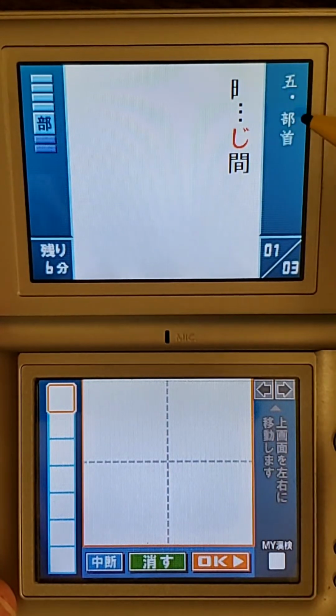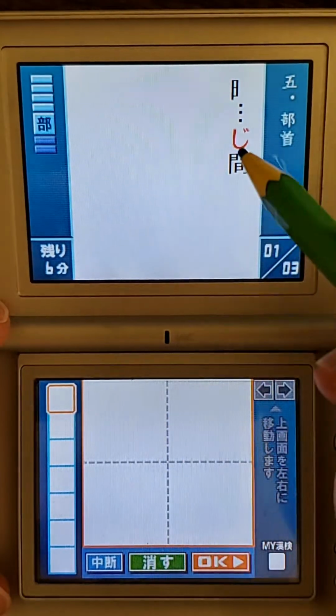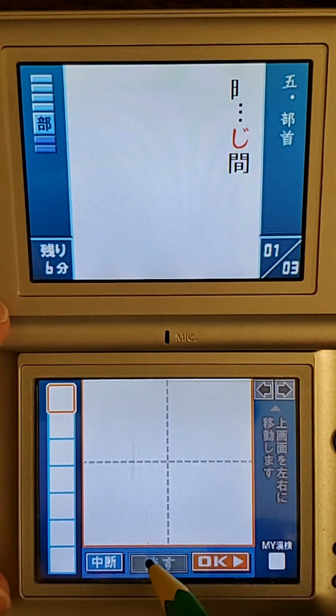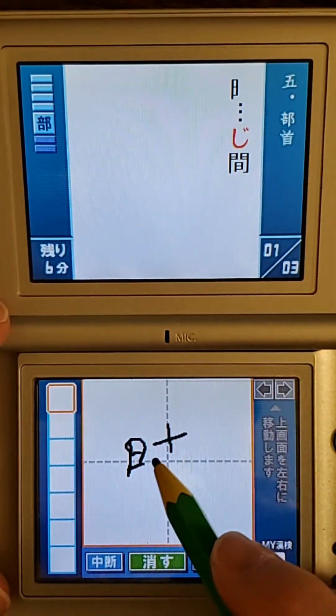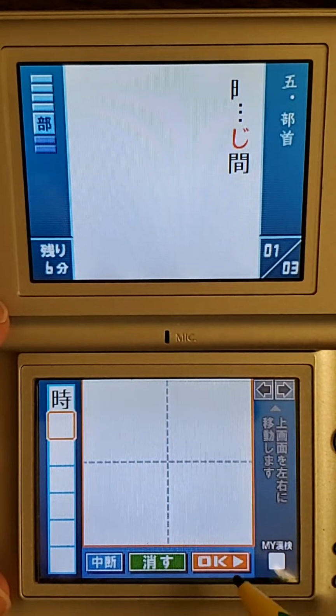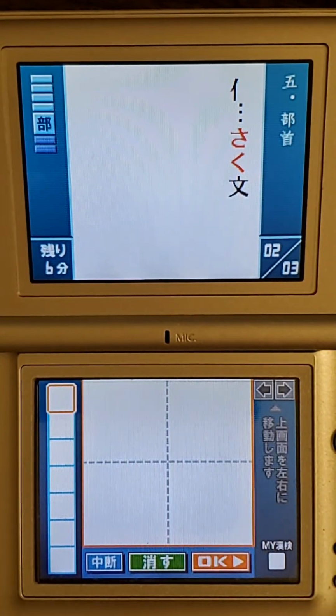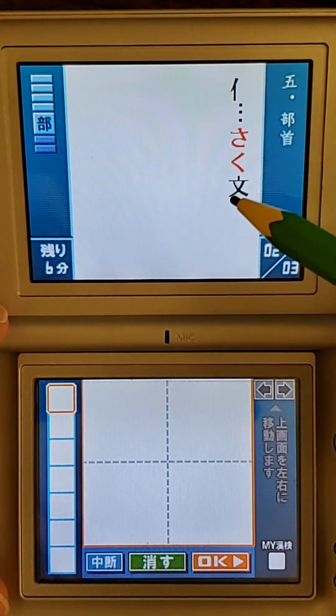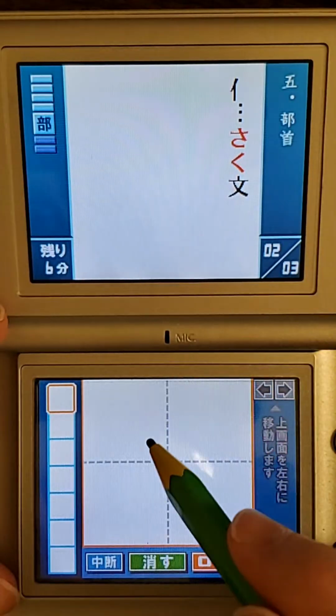So we use this part that it gives us, and we write the kanji. So jikan, that means time. So we do that. Ji, and write ji. This one is sakubun. So saku is to make. So to make, like, write something. So saku.